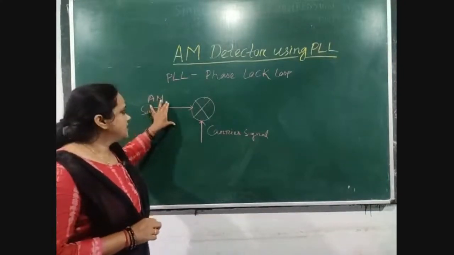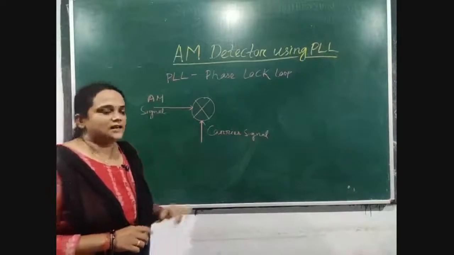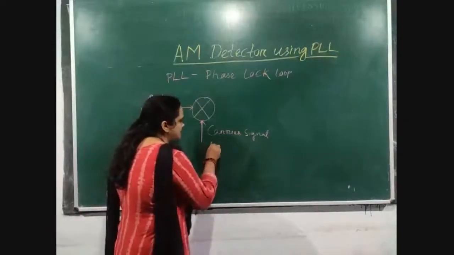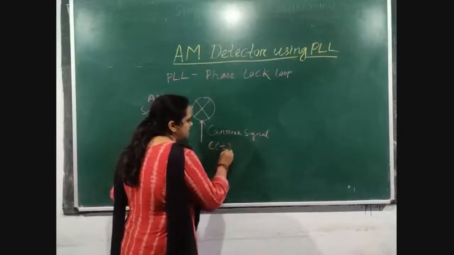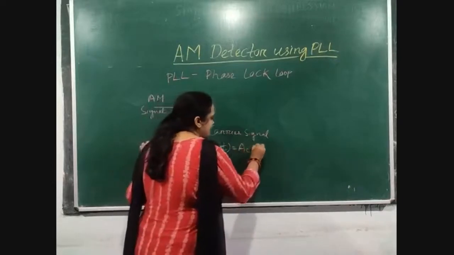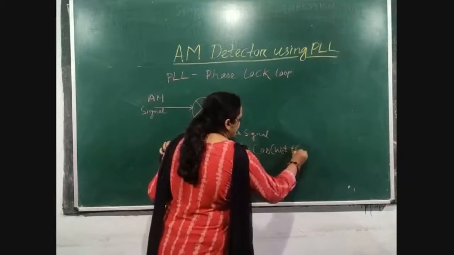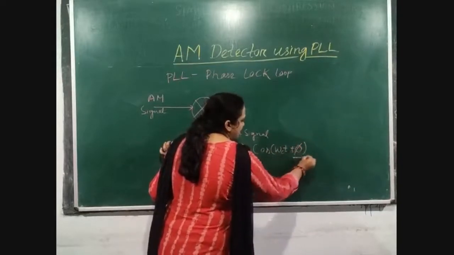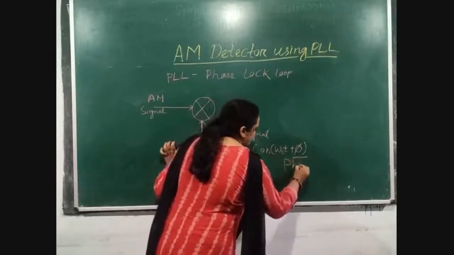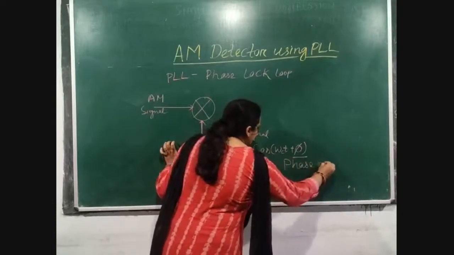that is the modulated signal and carrier signal, and the carrier signal represented as c(t) = Ac cos(ωct + φ). This φ represents the phase error.